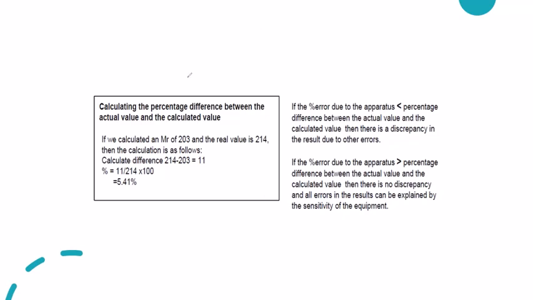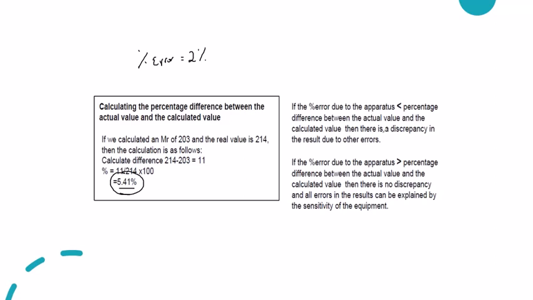These are the numbers. For example, here I calculated the percentage difference, and it is coming out as 5.4, and the percentage error due to the apparatus is coming out as 2%. So the percentage error of the apparatus is less than the percentage difference. It means that maybe during the reaction the temperature changed, or the conditions may not have been feasible for the reaction to occur.